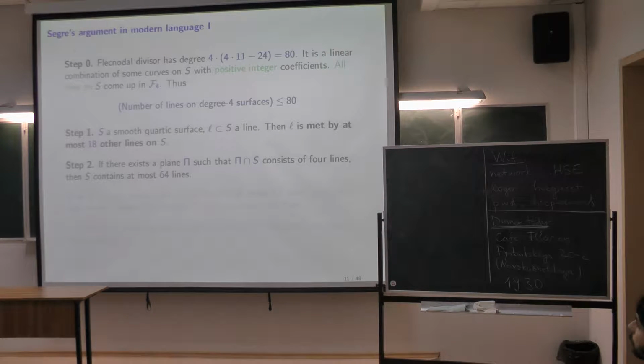You are done. The next step is, if I have one line that is met by at least 13 other lines, I must get splitting. So step 0 is just 80, then you get 18, then you get 64, then you get at least 13.